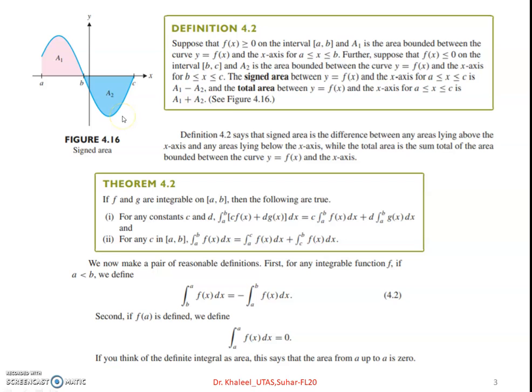Now we have one definition. Suppose that f(x) is positive on the interval a to b, from here to here, and A1 is the area bounded between the curve and the x-axis from a to b. So that is this pink area.